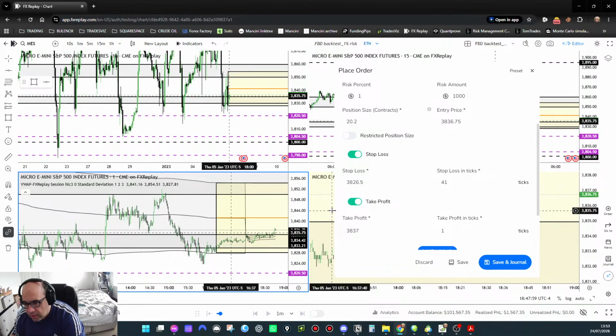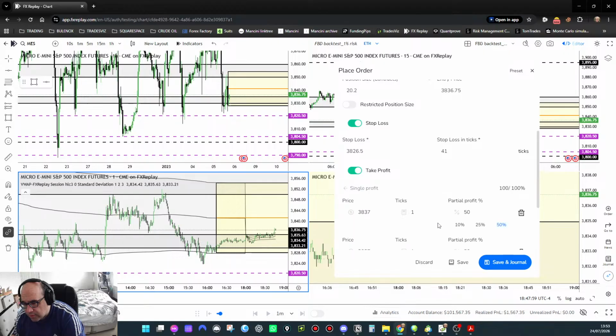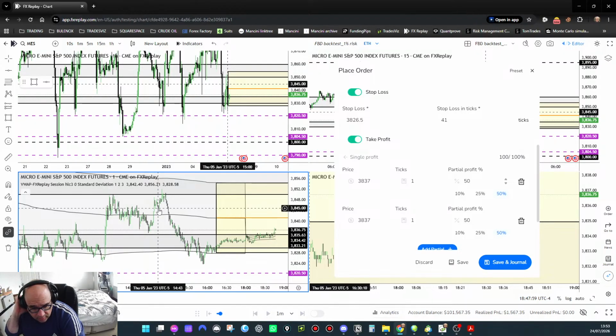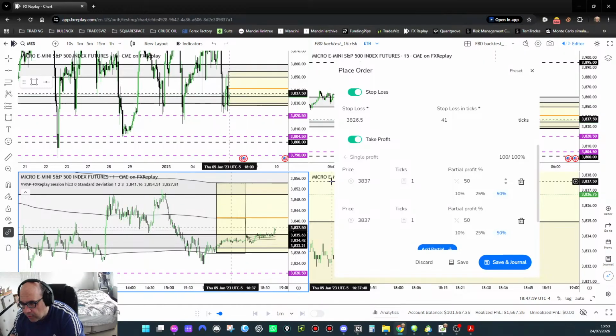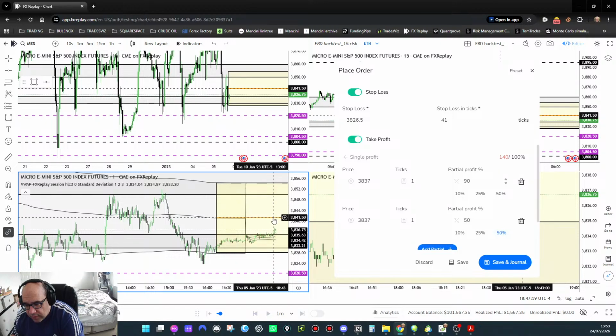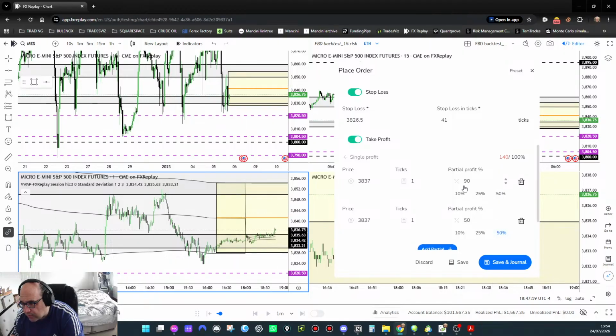Okay. Take profit, other partials. I'm gonna take 90% at the first level, which is this one, 38.41 and a half, which is the VWAP.